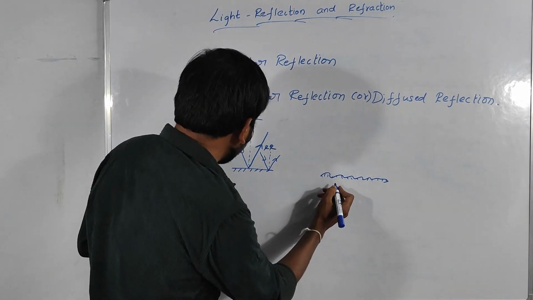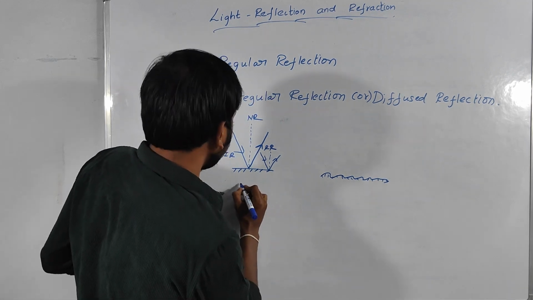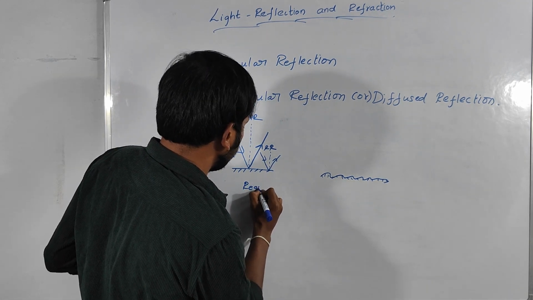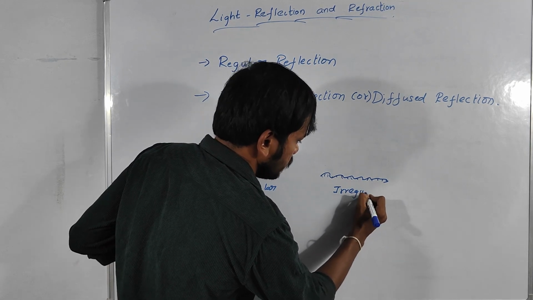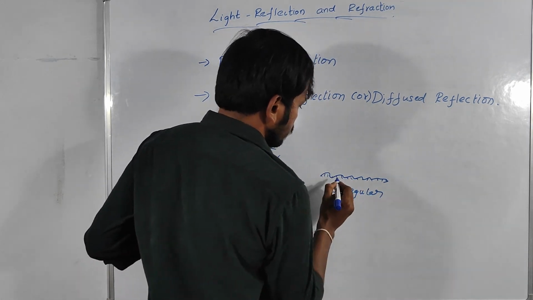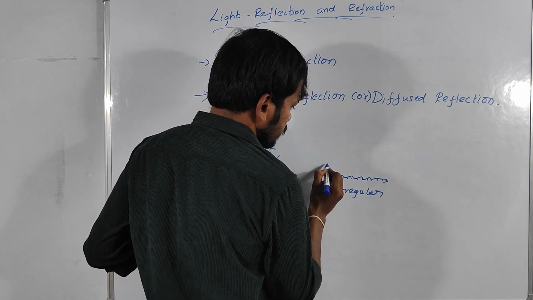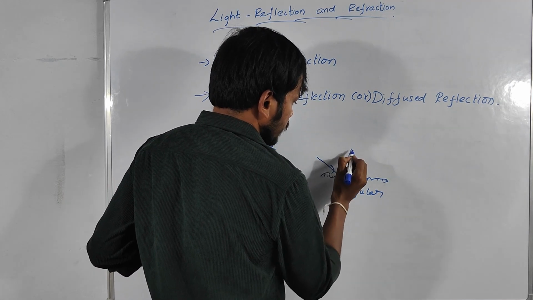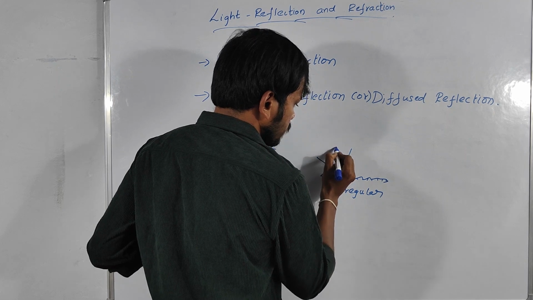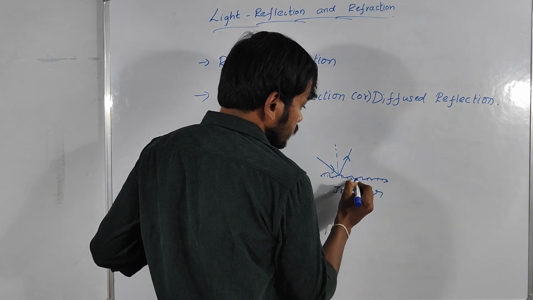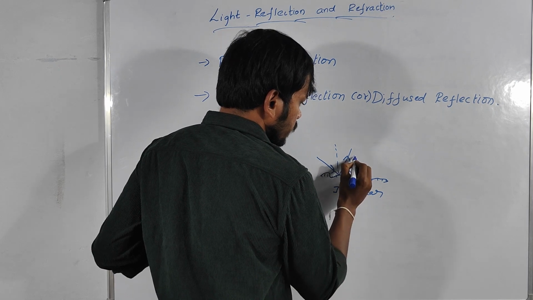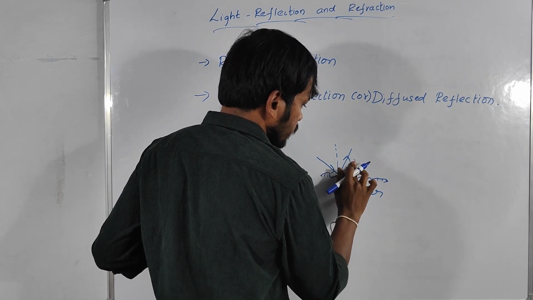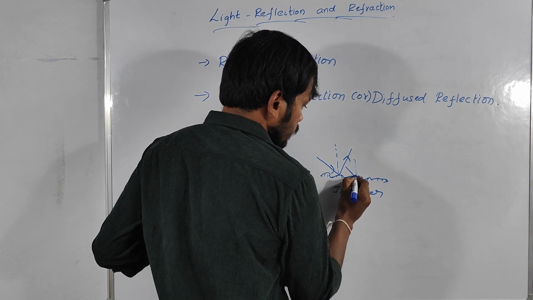So this is regular reflection, and this is irregular or diffuse reflection. Say the incident ray is incident in this way, and the reflected ray is going in this way.